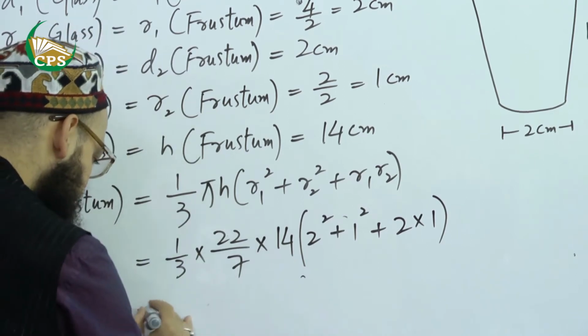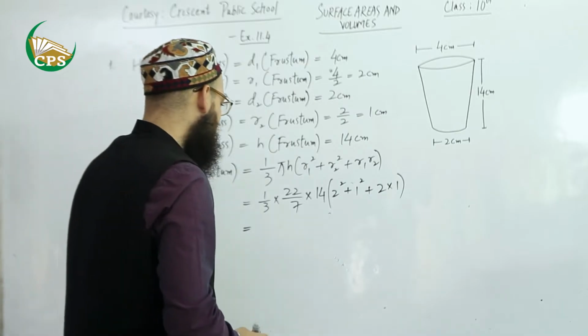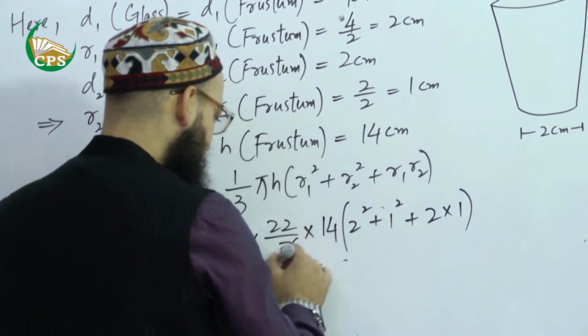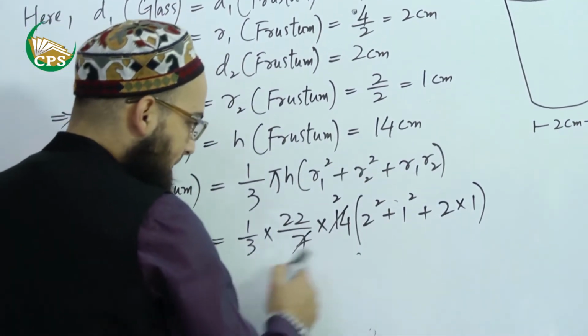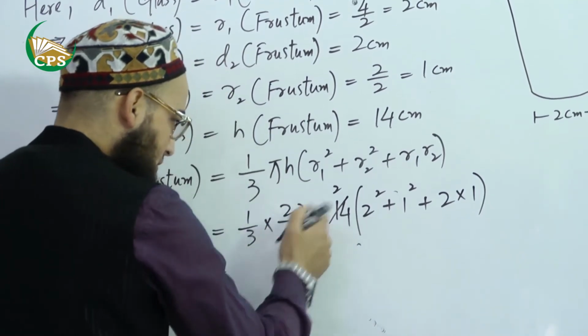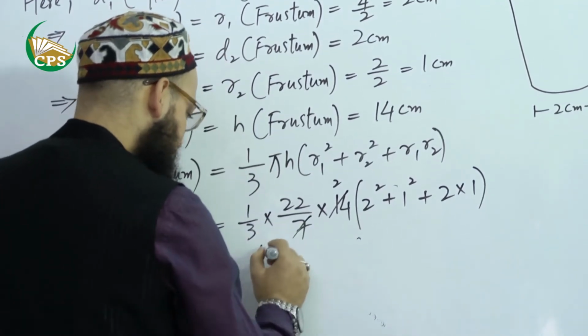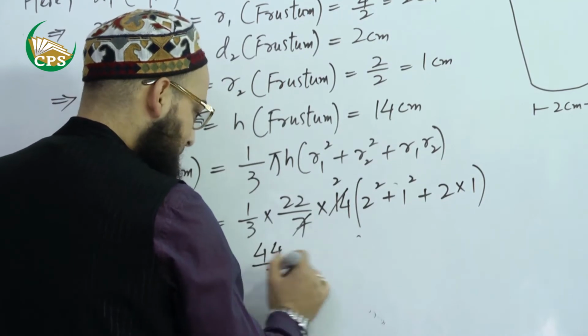Going further, now we can solve this like 7 ones 7, 7 twos 14. So we have 22 times 2, that is 44, divided by 3.